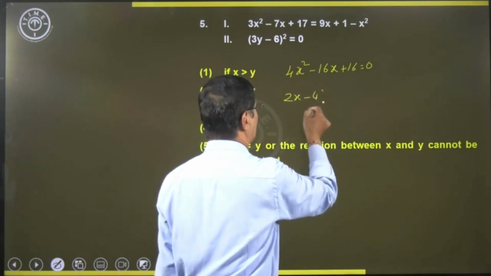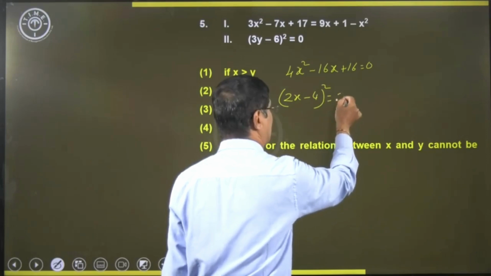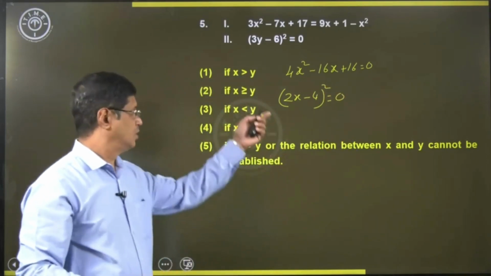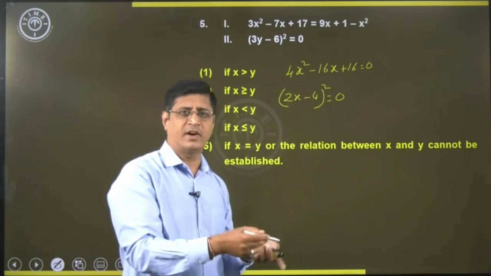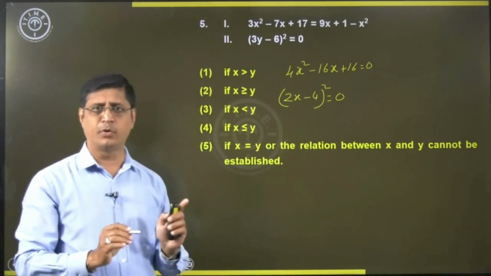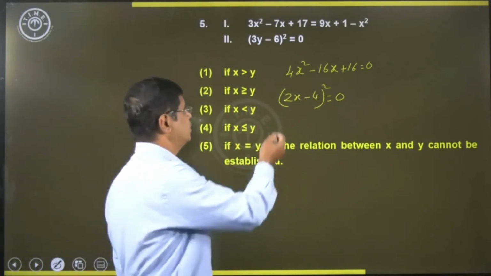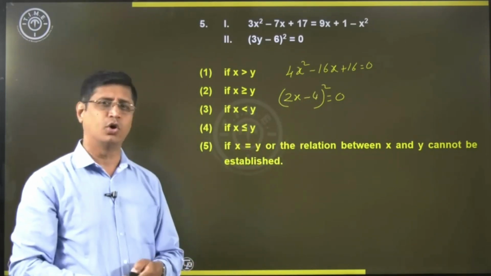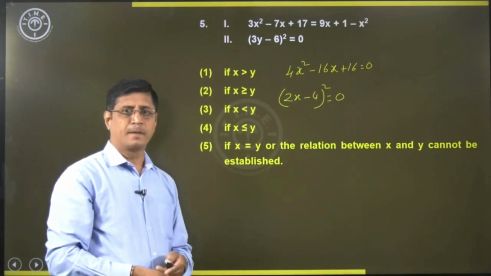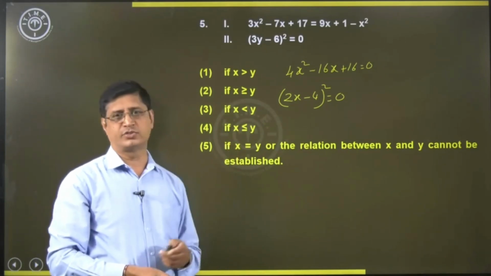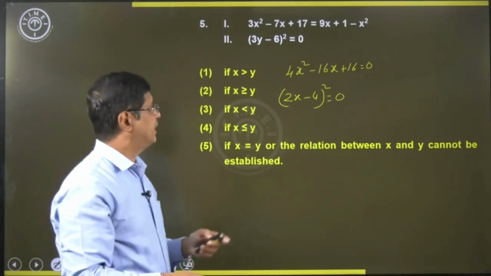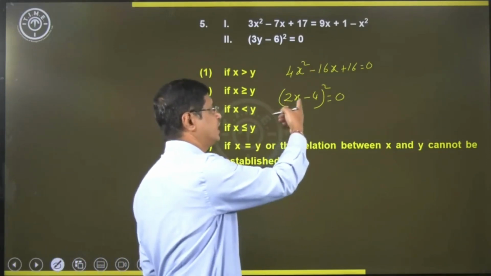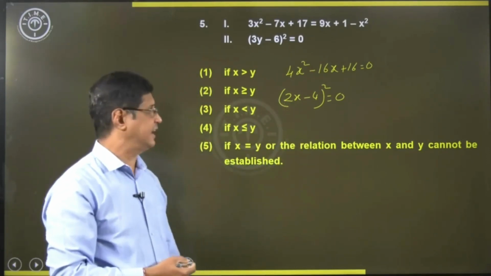2x minus 4 whole square is equal to 0. Am I right or not? Of course, by dividing with 4 and simplify by using the factors, that is the one approach. The second approach here. Now, if you observe this one, a minus b whole square means 2x minus 4 whole square. So 2x whole square is equal to 4x square, minus 2ab, 2 into 2x into 4, that is 16x.